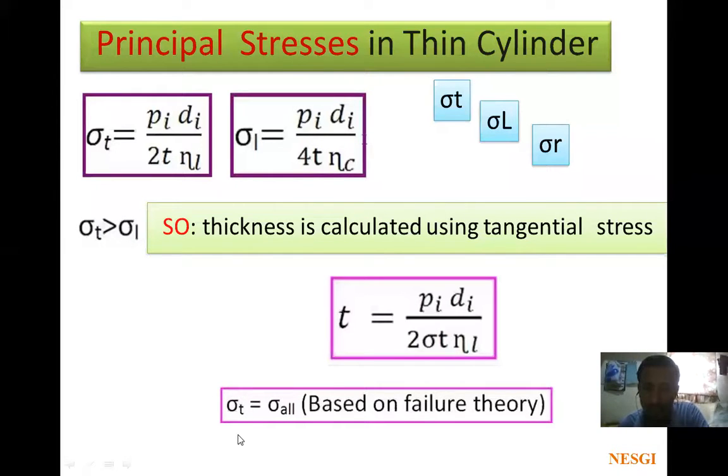Whenever we want to calculate the thickness of the cylinder, sigma T should be equal to the allowable stress. This should be the criterion based on the failure theory. Whatever the allowable stress we take, it should be equal to sigma T, because sigma T is always more than sigma L. That is, sigma T is 2 times sigma L.